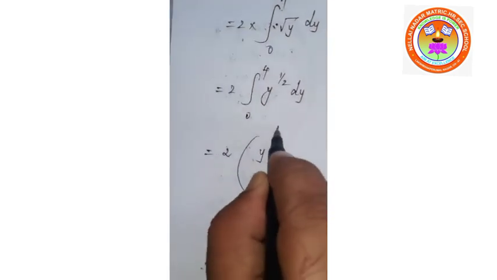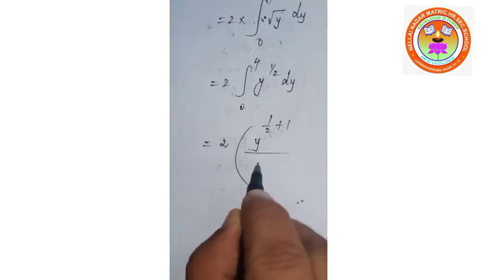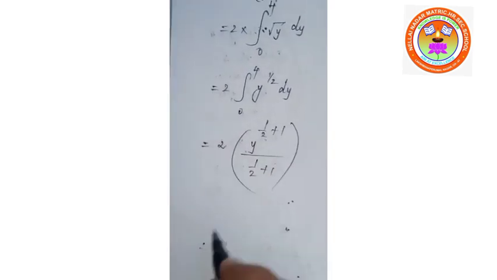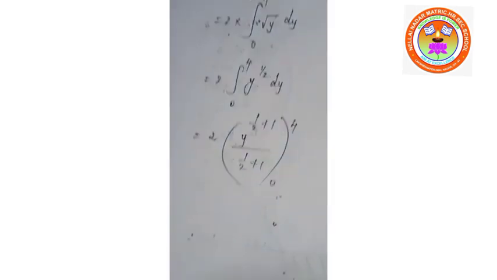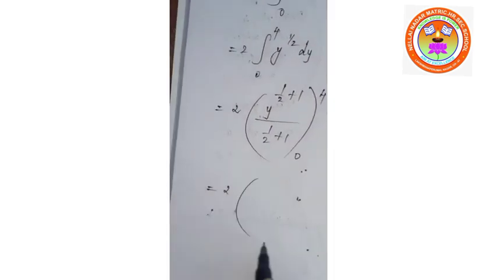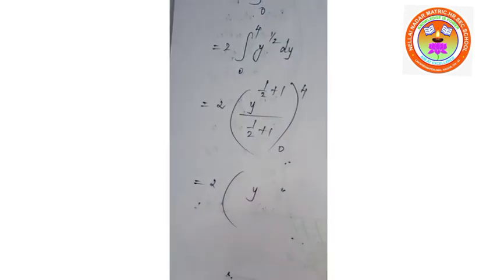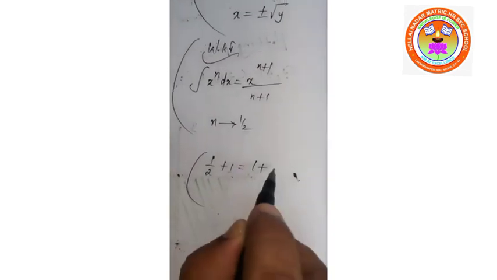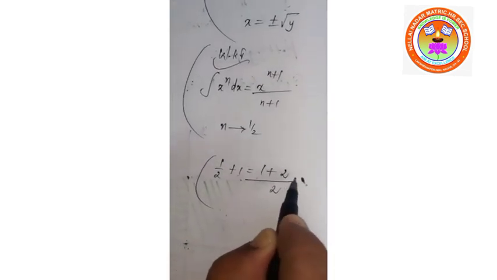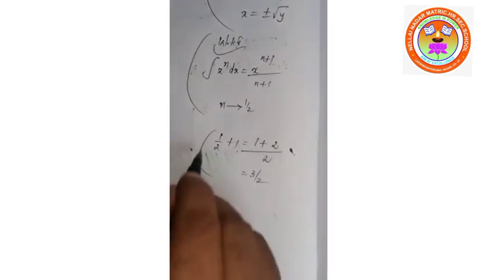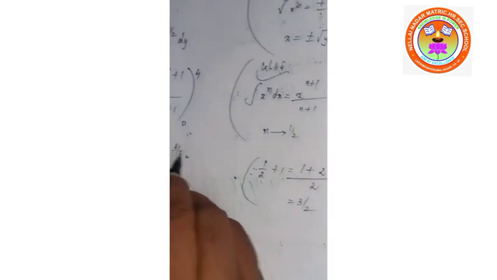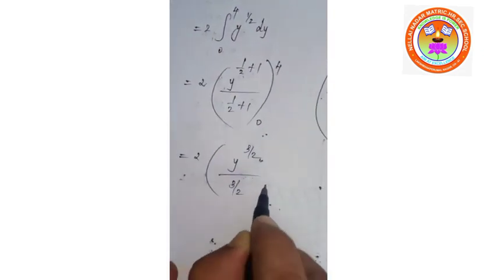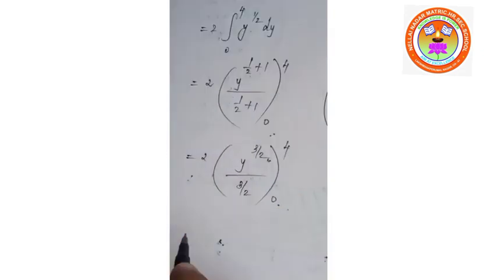So y power half plus 1 divided by half plus 1, limit 0 to 4. Half plus 1 equals 1 plus 2 ones are 2 divided by 2, that is equal to 3 by 2. So y power 3 by 2 divided by 3 by 2, limit 0 to 4.